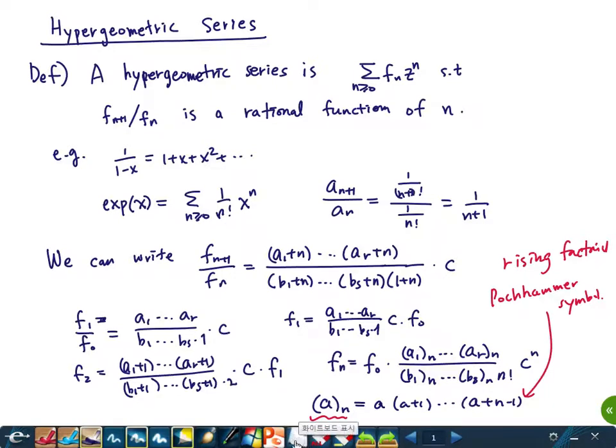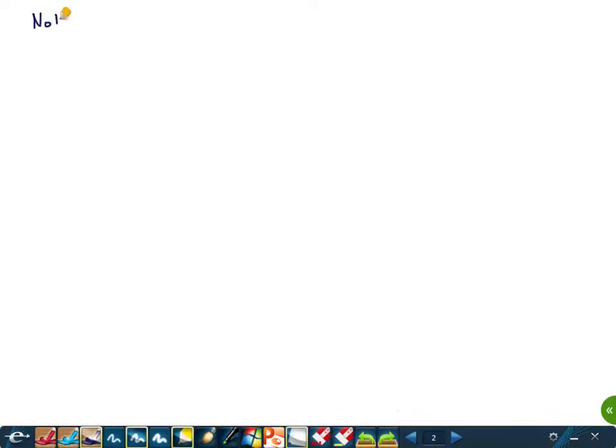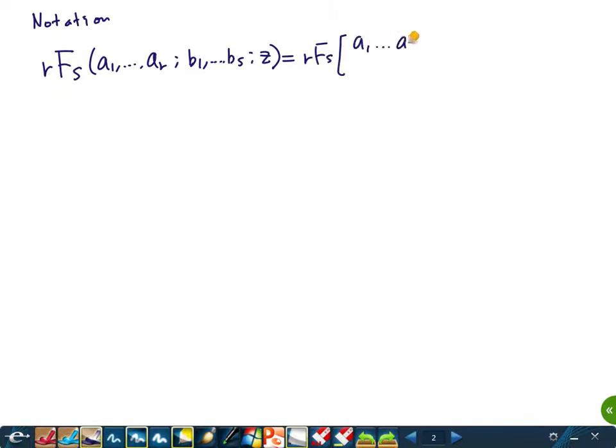So here is the notation. rFs with a1 through ar, b1 through bs, semicolon z. This is also written in two rows, a1 to ar on top and b1 to bs below, semicolon z.